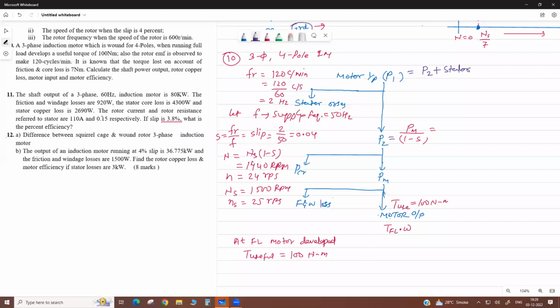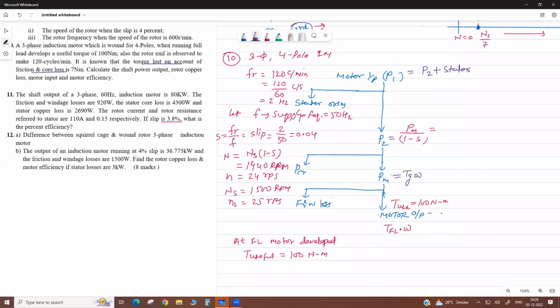First he asked, what he asked? Calculate the. Now he said that it is known that torque is lost due to friction and core loss. So actually friction loss, because as I told from here to here is gross torque into omega we are taking.